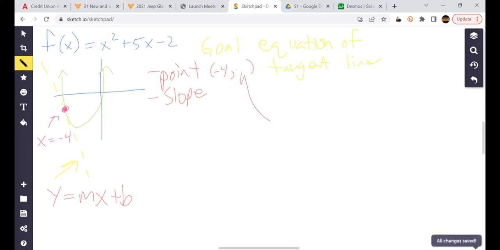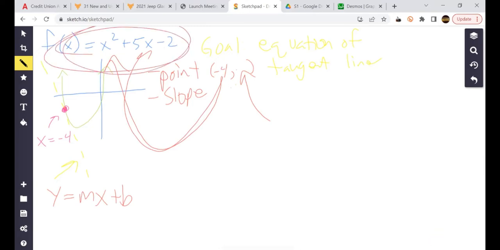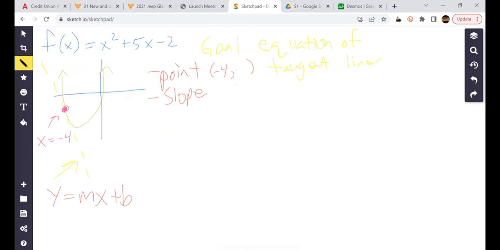Now, to find the y coordinate, what you have to do is take -4 and plug it into your original equation, right? You go to the original equation up here, and you plug in the x coordinate into all the x's. And that'll tell you the corresponding y coordinate. Let's do the work down here.